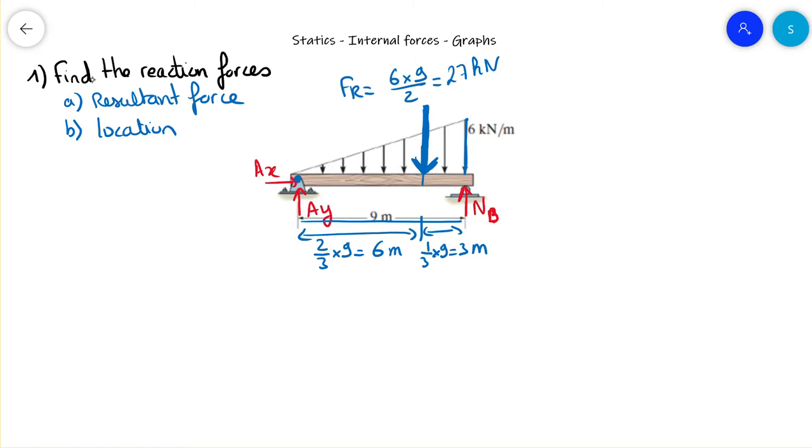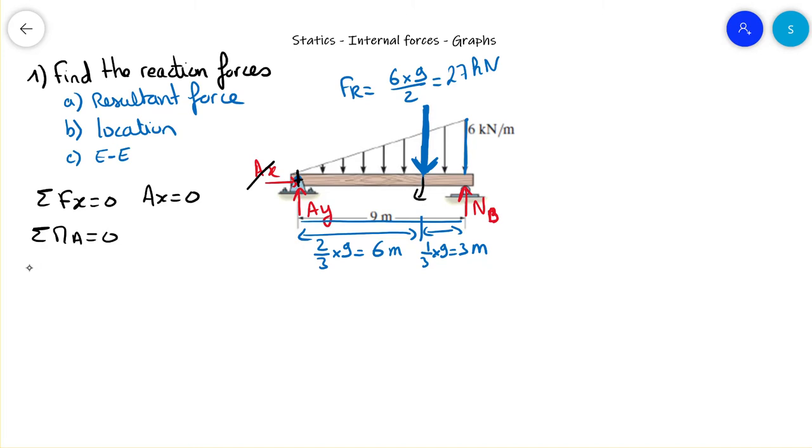So we found the resultant force and its location, and now we can use the equations of equilibrium, right? Sum of the forces in X is equal to 0, which gives us Ax equals 0. And now we need to use a moment. Let's do the moment about A. Sum of the moments about A is equal to 0.